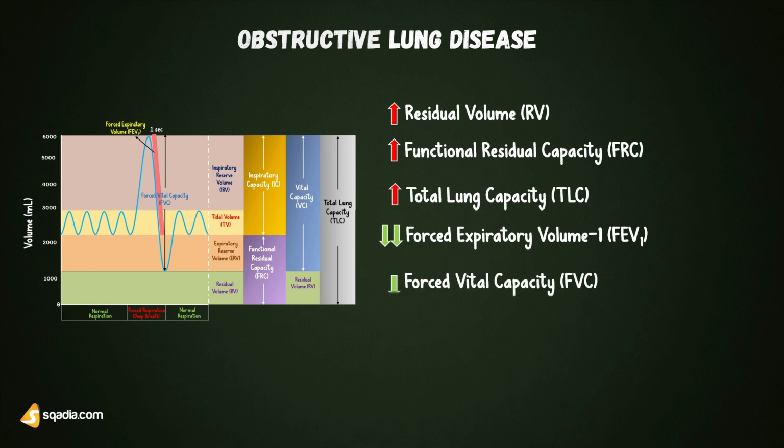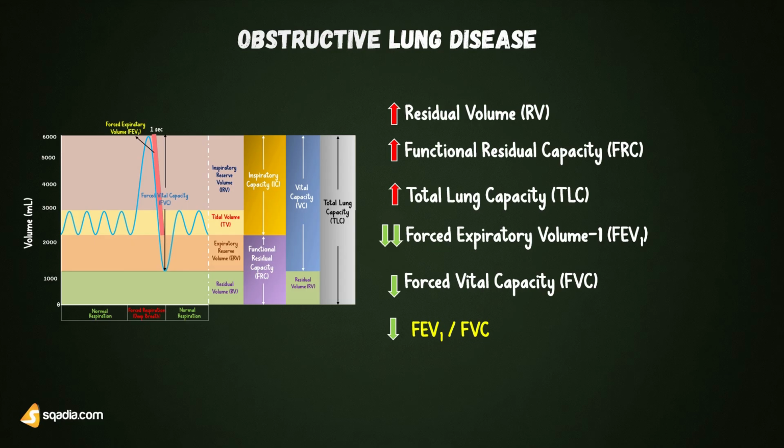But the ratio FEV1 to FVC is decreased, because FEV1 decreases more than FVC. This ratio is very important in the diagnosis of restrictive and obstructive lung disease, as it increases or remains normal in restrictive lung disease and decreases in obstructive lung disease.